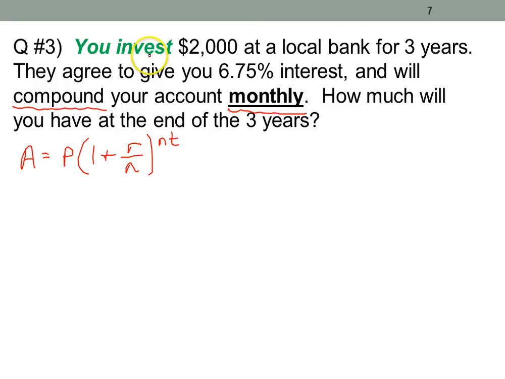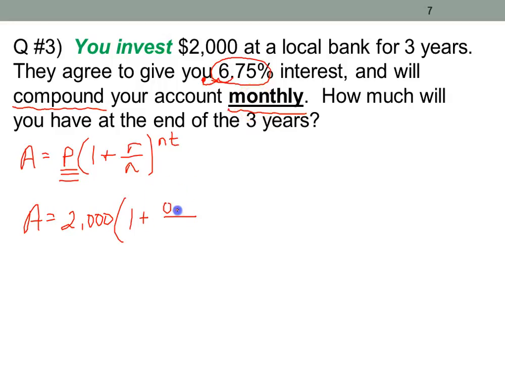Now, you invest $2,000. So that is what you are putting in. That is your P. So 2,000 is what we put in. 1 plus. R is always your rate. Rate is 6.75. Remember, we have to move this over twice when we talk about writing this as a decimal.